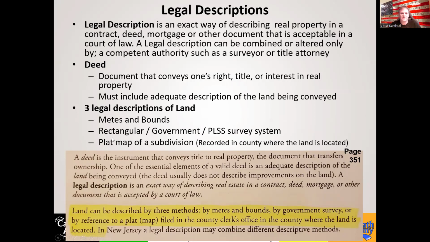It'll probably be rectangular or government survey option. And a plat map, which is a map of a subdivision recorded in a county where the land is located. So if you haven't done so already, highlight: land can be described by three methods: metes and bounds, government survey, or a plat map.